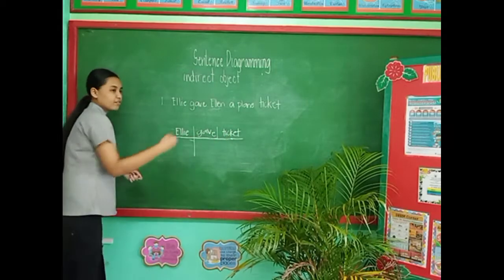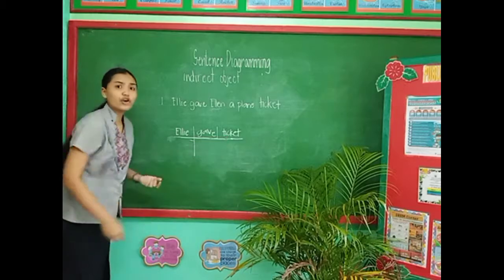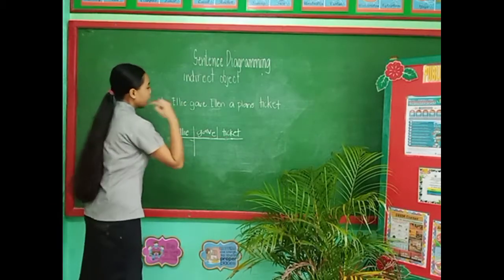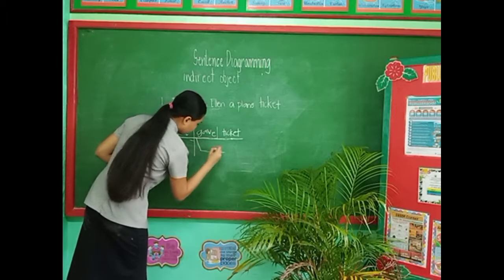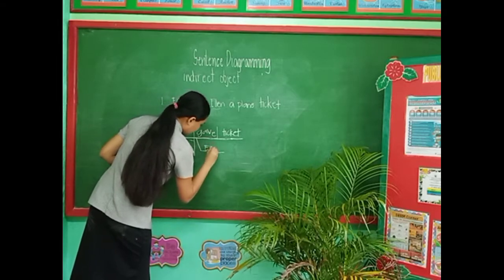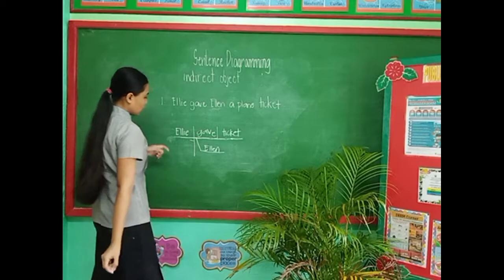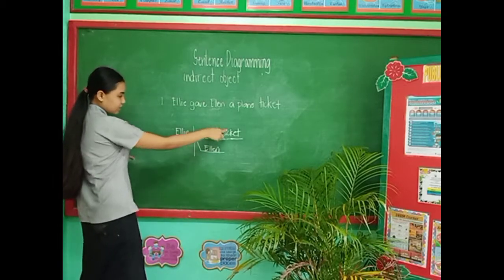So Ellie gave what? A ticket. For whom? So here is Ellen. For whom? For Ellen. So Ellie gave Ellen a ticket.